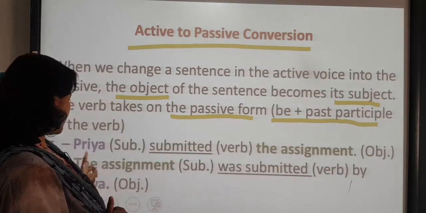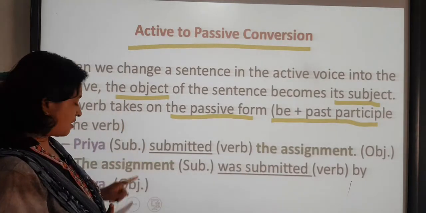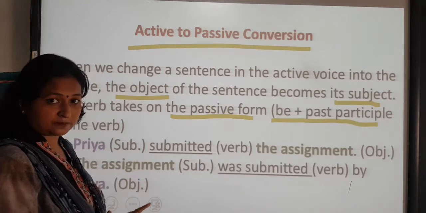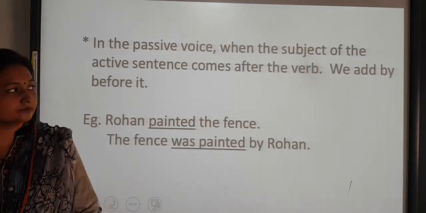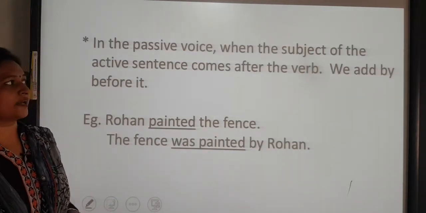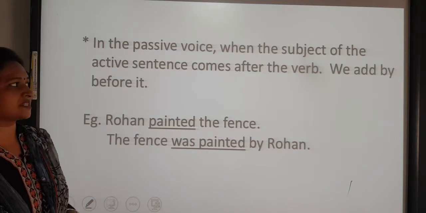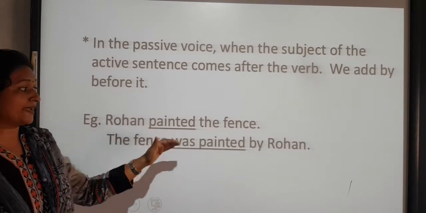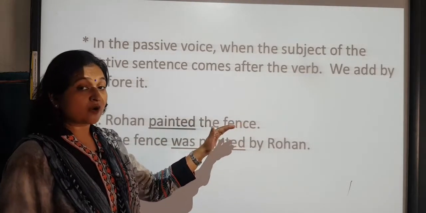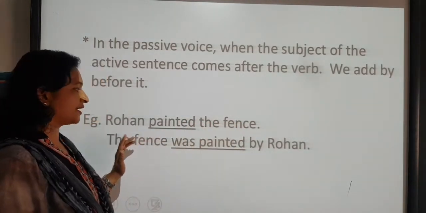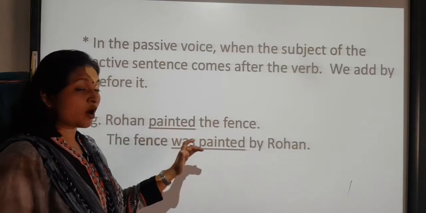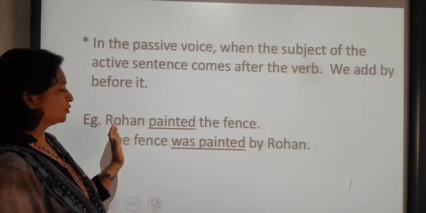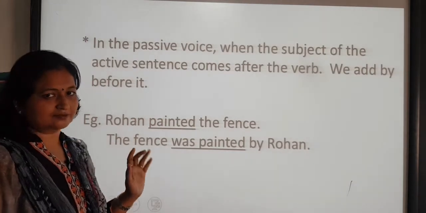By Priya. What was Priya? Subject. Now it has become the object. In the passive voice, when the subject of the active sentence comes after the verb, we add by before it. Rohan painted the fence. Now, what is the object? The fence. So first we'll write the fence. Painted, so was painted by Rohan. Clear? Okay.